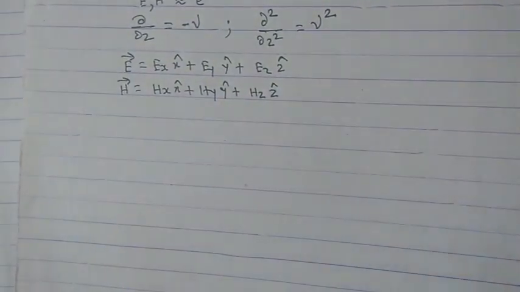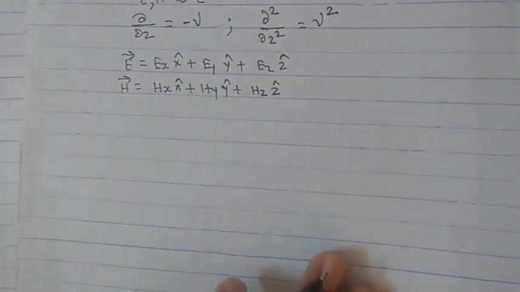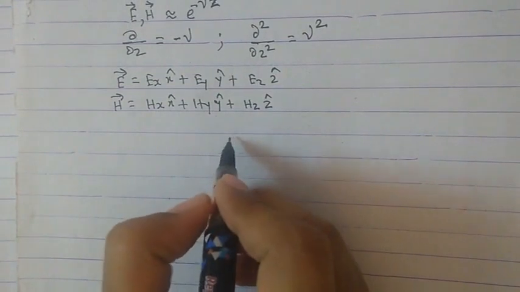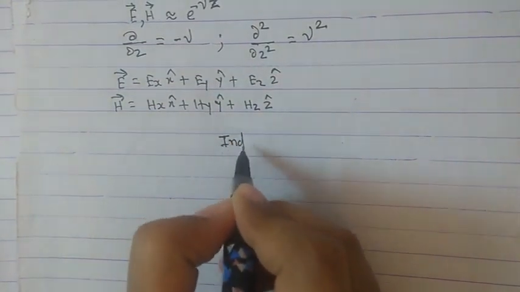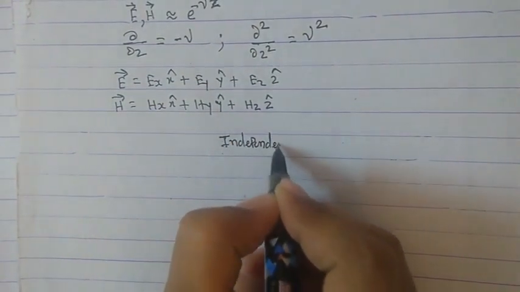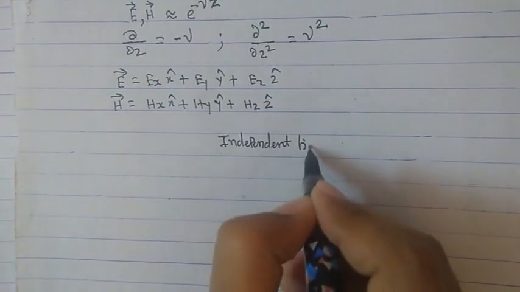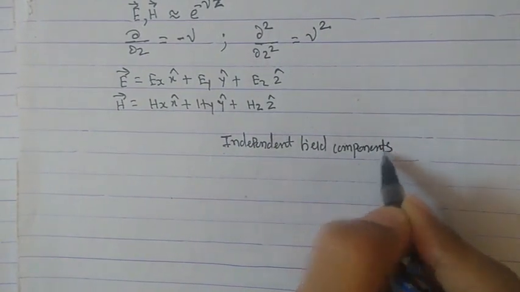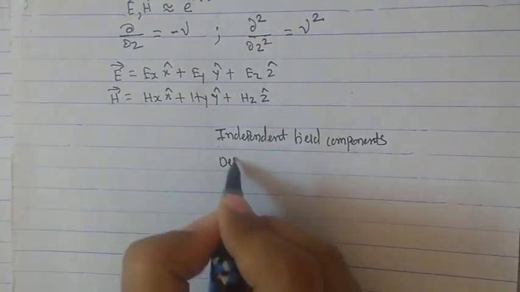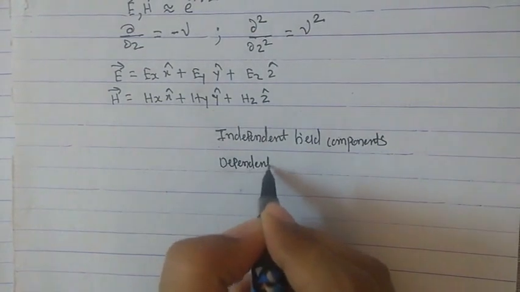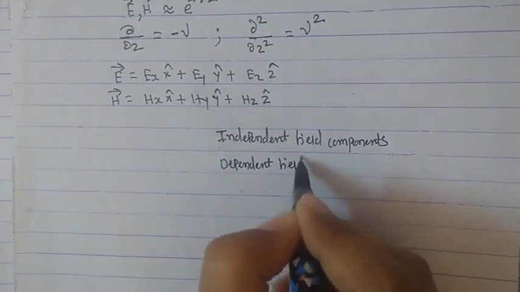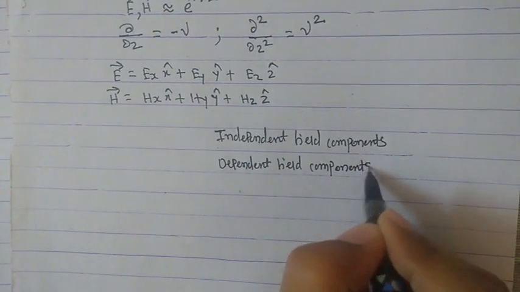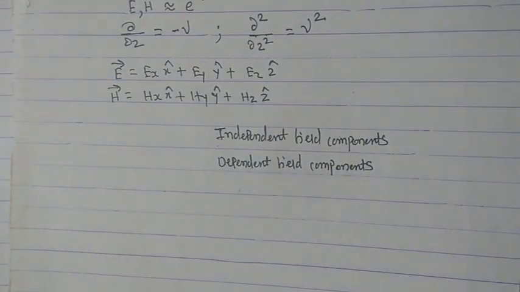Out of these 6 field components, it is generally considered that 2 are independent field components, and the remaining 4 components are dependent field components. So we have to decide which components are independent and which are dependent.